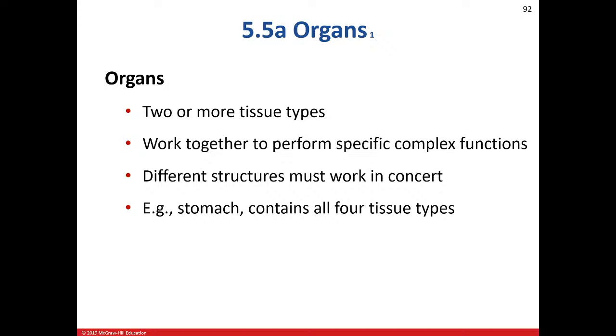So the stomach contains all 4 tissue types. You'll find epithelia, connective tissue, muscle, smooth muscle, and neurons also in the stomach.